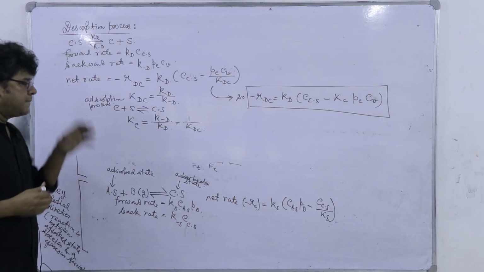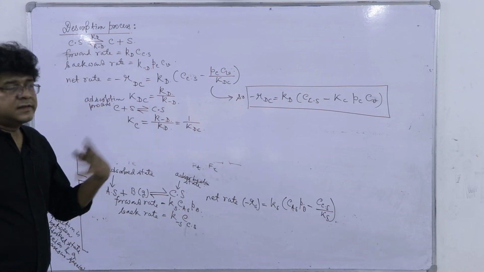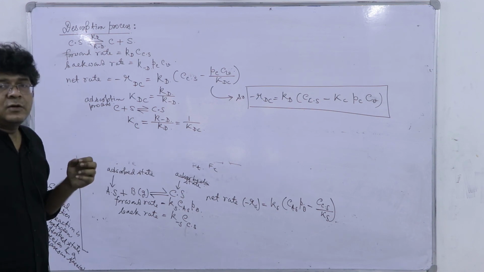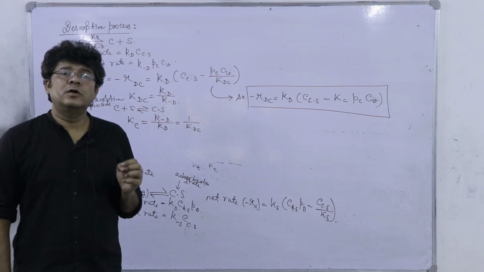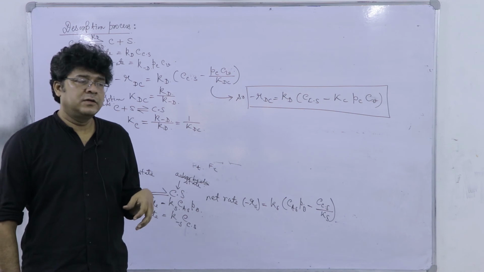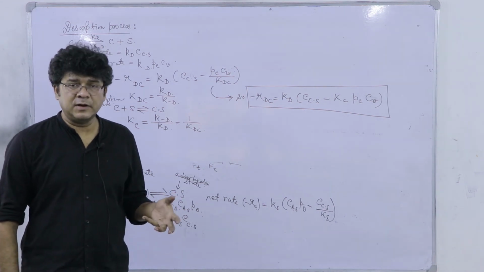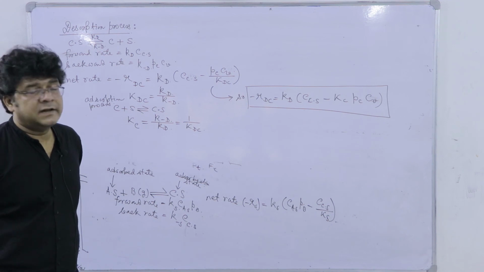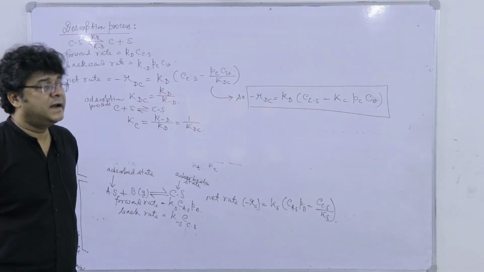So, in this discussion, except for pore diffusion controlling and external film controlling, we haven't derived the rate expression that we observe from the experiment. We have derived the fundamental rate equations of adsorption, surface reaction and desorption.